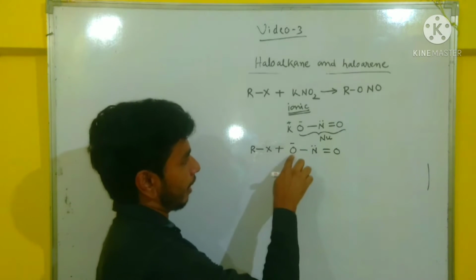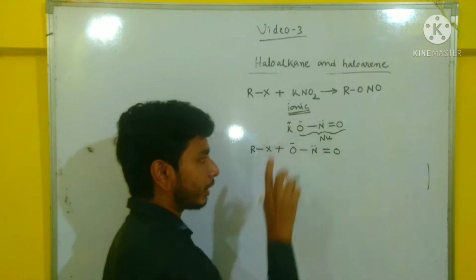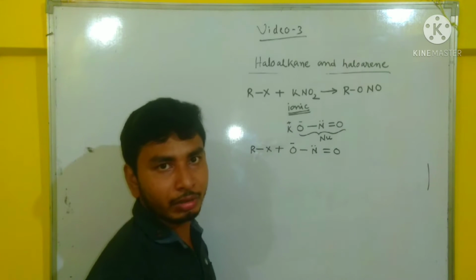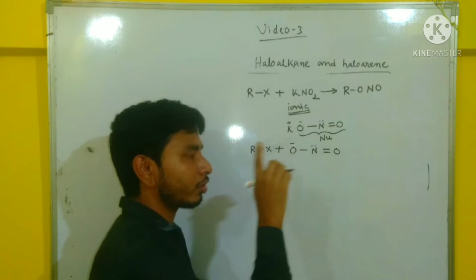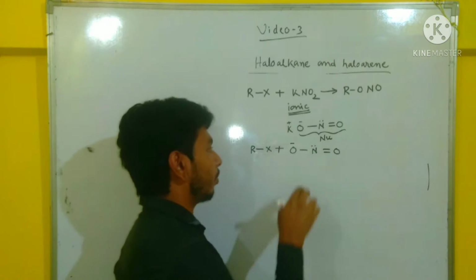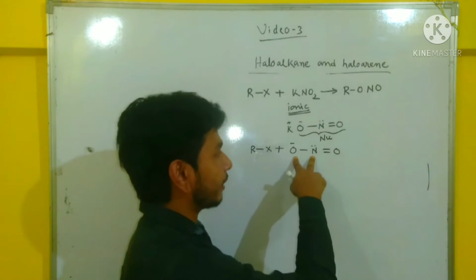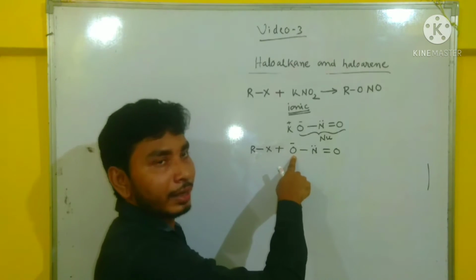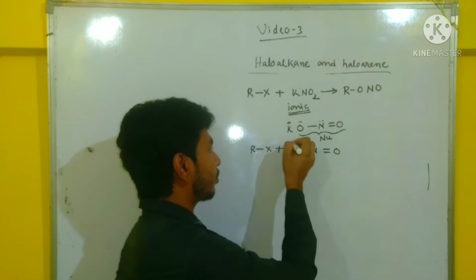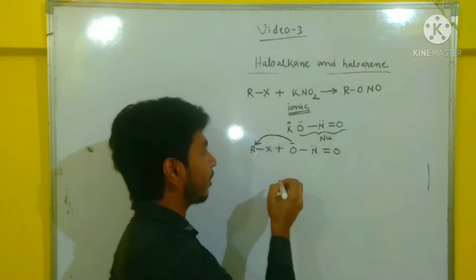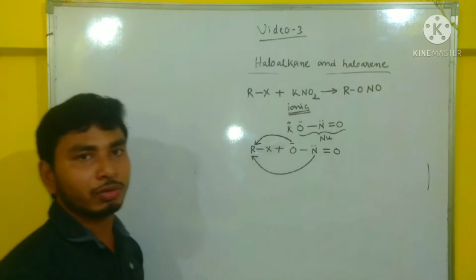Now here, nitrogen and oxygen. Nitrogen is also rich in electrons because it carries a lone pair of electrons. Oxygen carries a negative charge, so oxygen is also rich in electrons. So here two atomic sites are electron rich and can act as a nucleophile. This oxygen can attack the alkyl group as well as the nitrogen can attack the alkyl group.